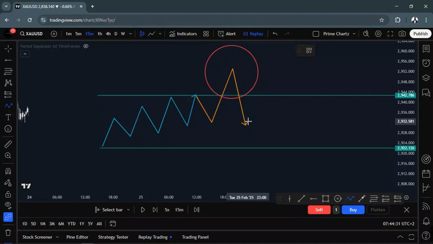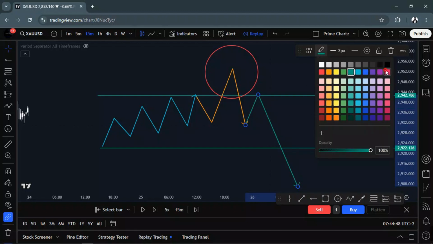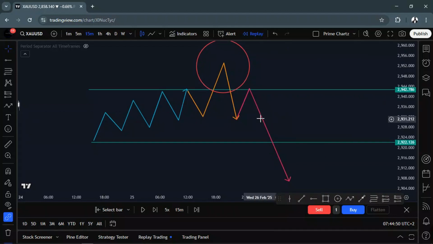So on the third candlestick, we want to see price going back into the fair value gap, fill up the fair value gap, and then distribute to the downside, right? So this is the distribution phase. On the first candlestick, we can clearly see an accumulation phase. On the second candlestick, a manipulation, taking out the liquidity and then quickly reversing back into the range, right?